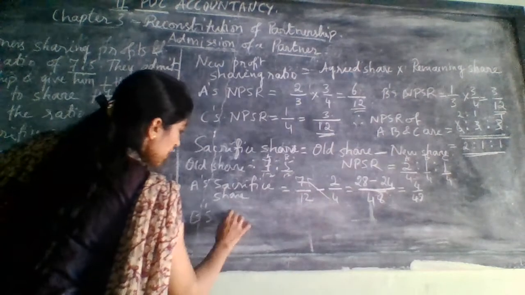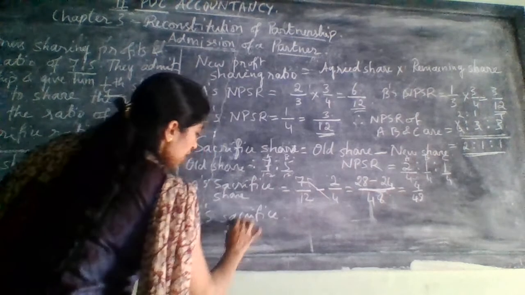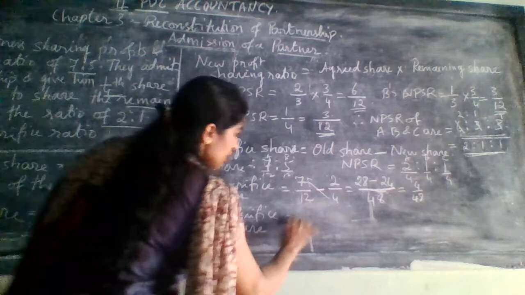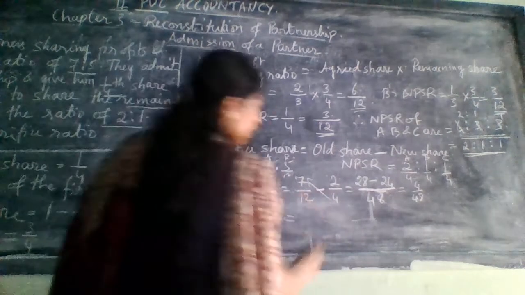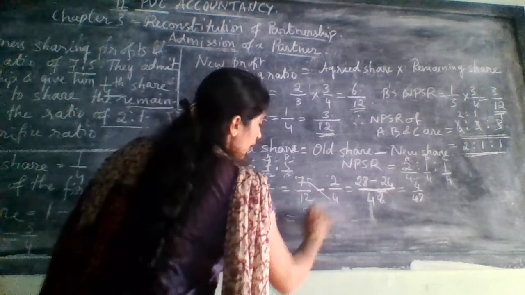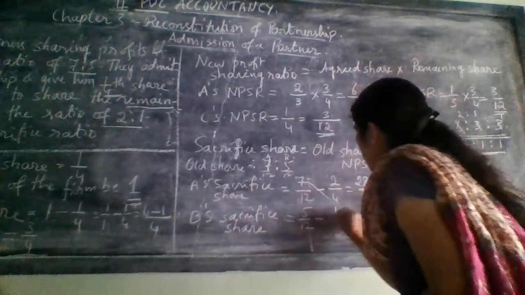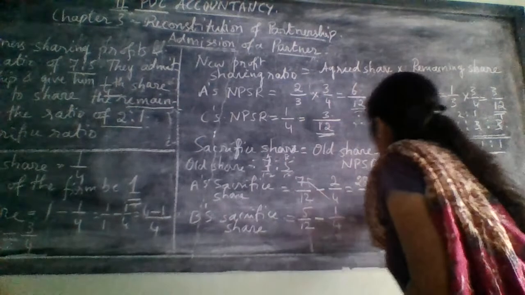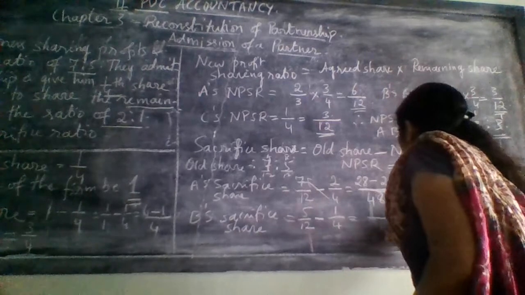Now you need to calculate for whom? B's sacrifice share. First thing we need to do is take the old ratio. His old ratio is how much? 5 by 12 minus his new share 1 by 4, is equal to again 12 into 4, 48.